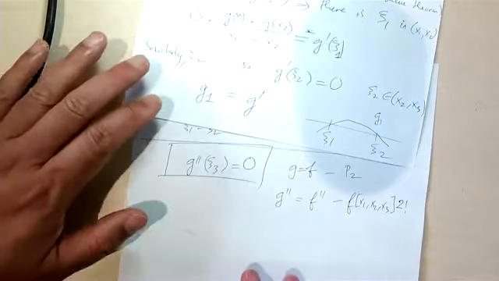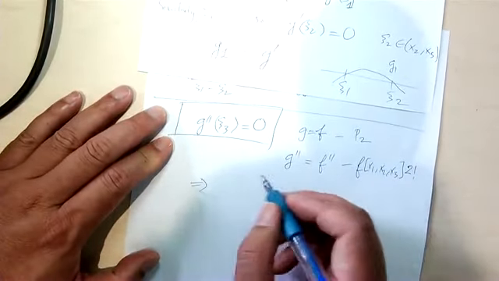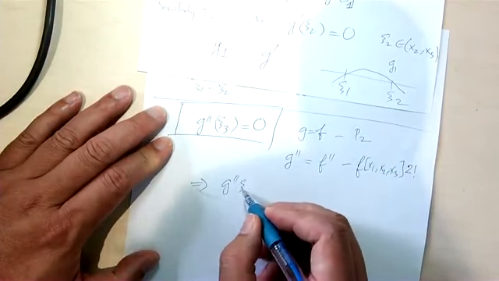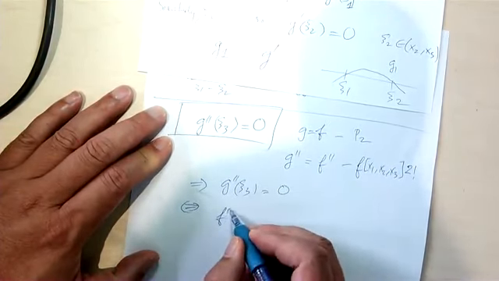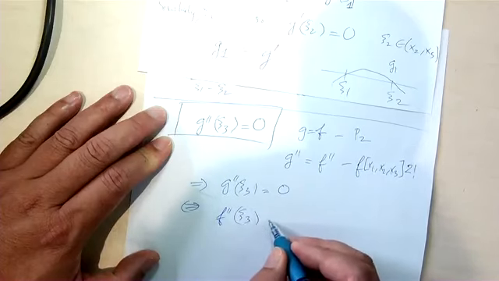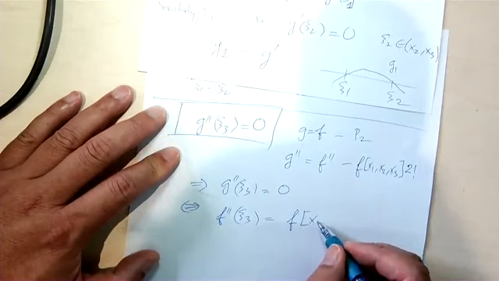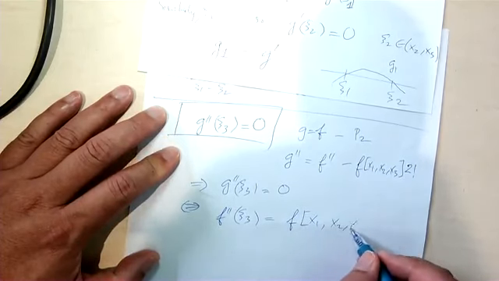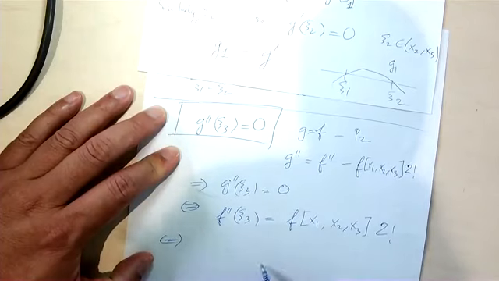Now you just rearrange it, then g double prime psi 3 equals 0 is equivalent to saying that f double prime psi 3 equals f[x1, x2, x3] times 2 factorial. So now you have the theorem.